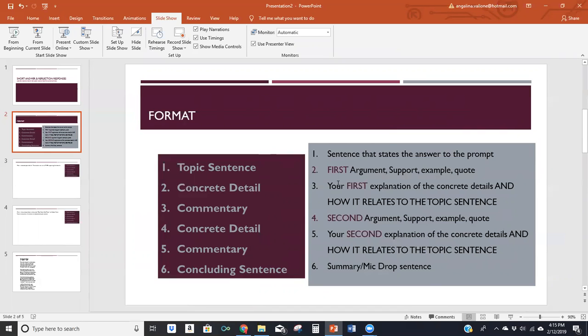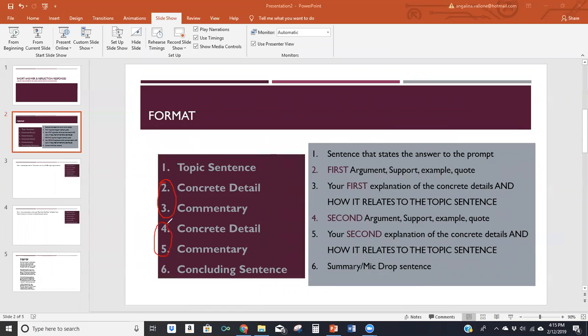And then if you notice, 2 and 3, and then 4 and 5, they go together, okay?